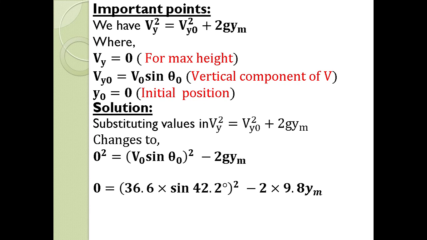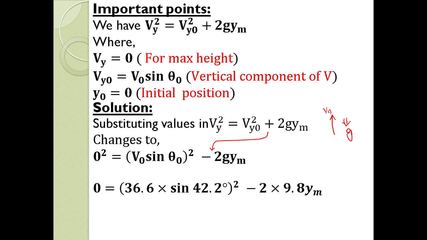Here I change the sign of g to negative, because velocity vy is going up and acceleration is going down. So g and v are in opposite directions and it's slowing down, so g will be negative. You can simply keep it plus and then use negative 9.8.